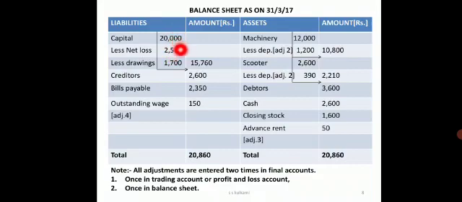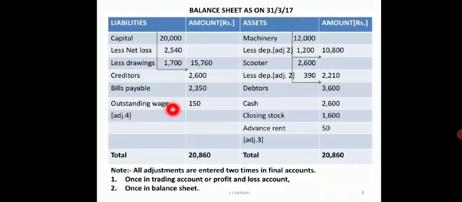So when I adjust this 4,240 rupees from the 20,000, I will get 15,760 as my net capital available for that particular year. Next we are having creditors 2,600, bills payable 2,350 from trial balance.